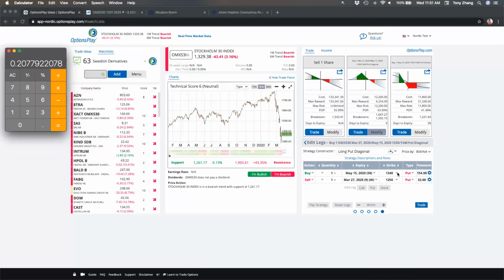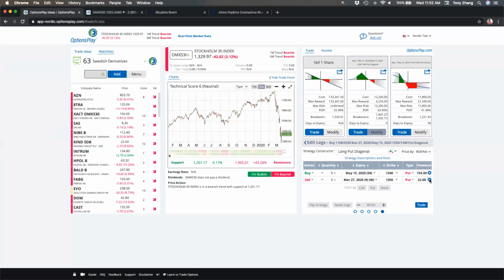And the goal here is so that you can buy your put option for a net price of only 122 crowns versus 154 crowns, which reduces the cost of your trade by 20%. Now, if on March 27th, OMX S30 is not below 1250, then you effectively keep the 32 crowns that you've sold the 1250 put for, and you sell another put against it.